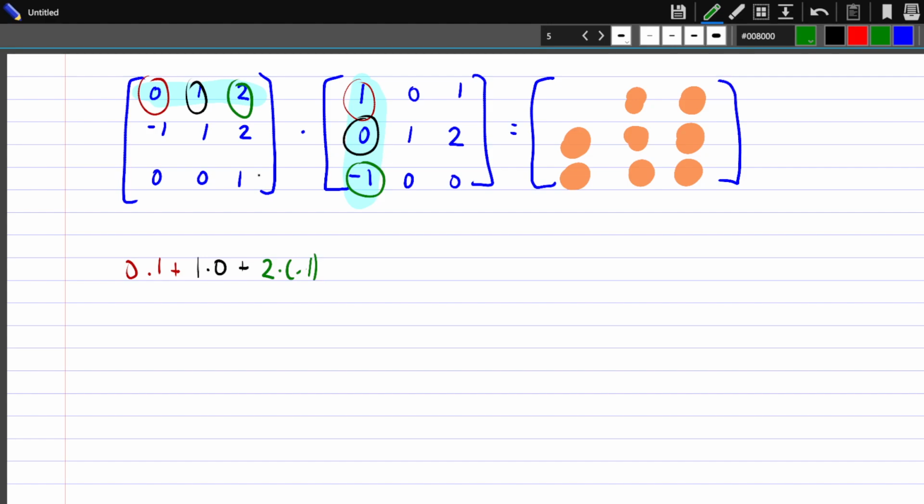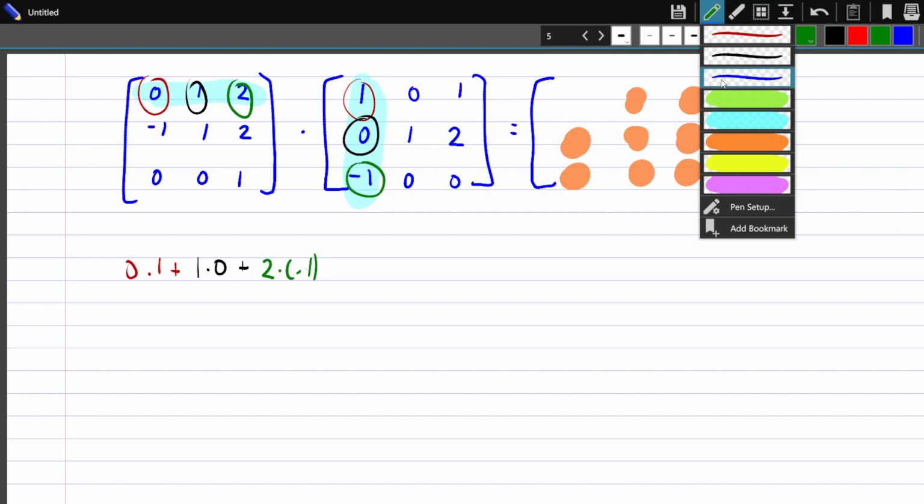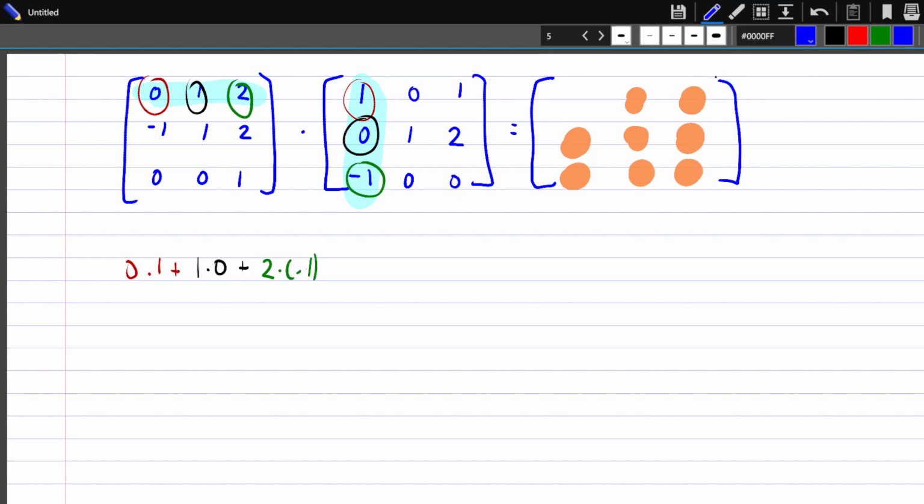Do you realize what I'm doing? If not, go back and check again, or wait and we'll do all the remaining orange elements together. 0 times 1 is 0, plus 0 minus 2, which means here I will put minus 2.